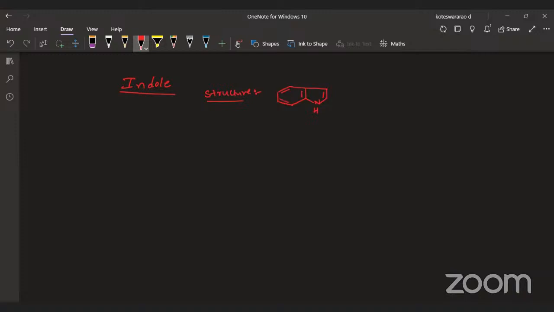This is the structure and the IUPAC name, 1H.